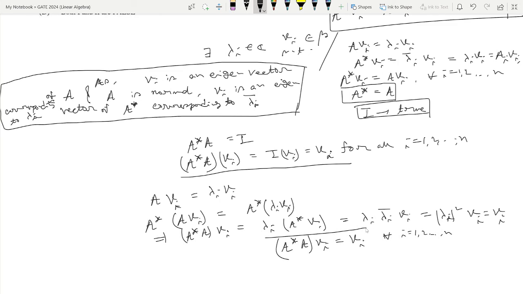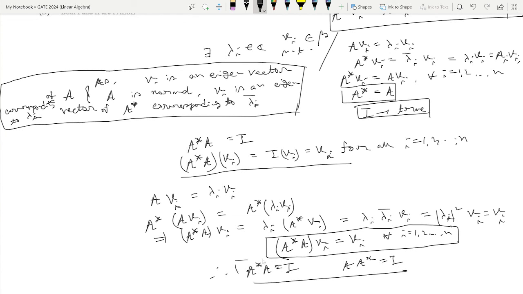So A star A and I coincide on the basis beta of Cn, so A star A and I will be the same. So A star A equal to I. In exactly a similar manner, we can prove that A A star equal to I. So now we have A star A equal to A A star equal to I. So A is unitary, and now we have option 2 is true.